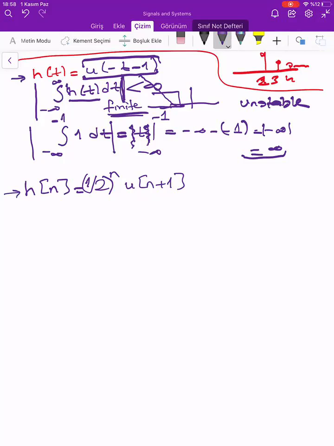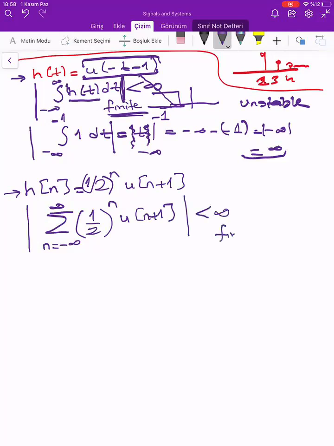I should now not integrate, but I should write a summation, an infinite summation, of 1 over 2 to the power n u of n plus 1, and the absolute value of this should be finite. Okay. If this is finite, then I would say my system is stable.